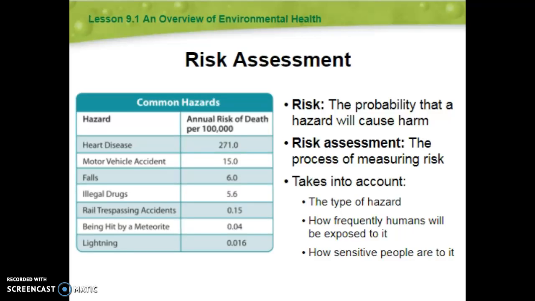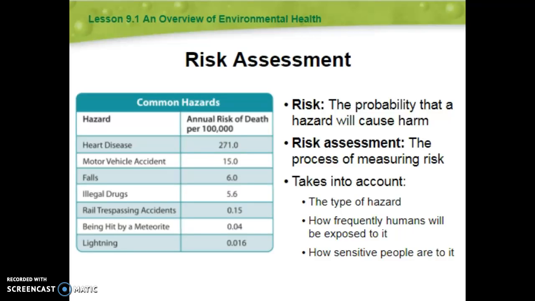And on the other end, I personally freaked out about flying to Rome. I was very nervous about the plane crashing. Well, that's not a very high-risk activity. If the plane does crash, I'm in trouble, but it's pretty rare for a plane to crash. So just in general, as humans, we struggle to evaluate risk accurately.